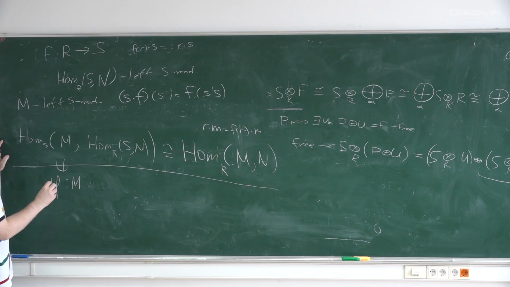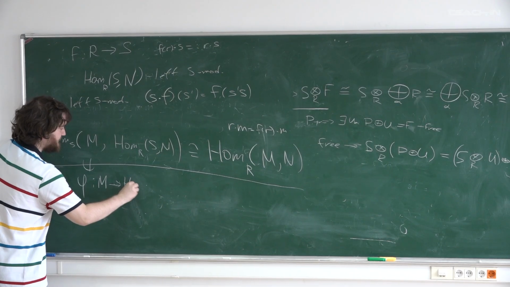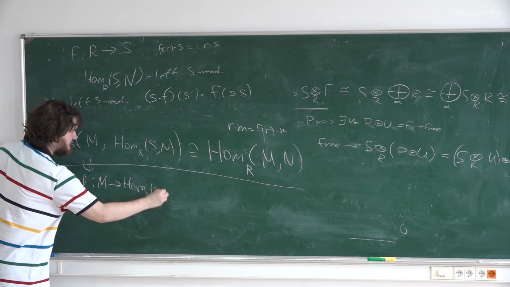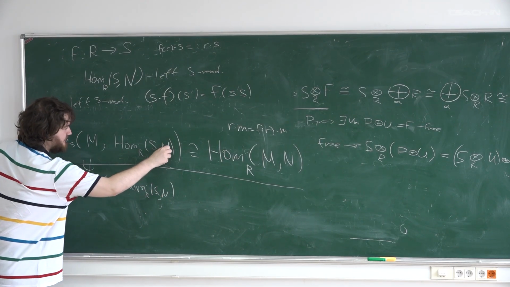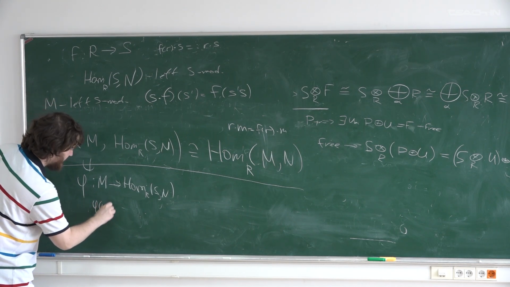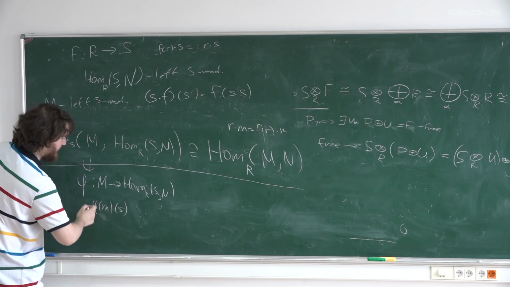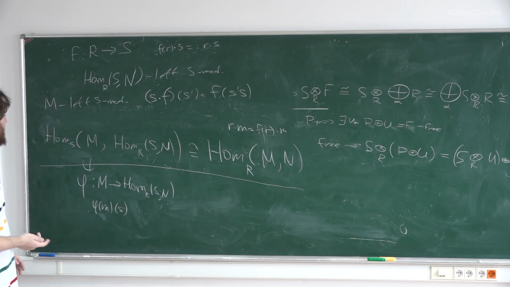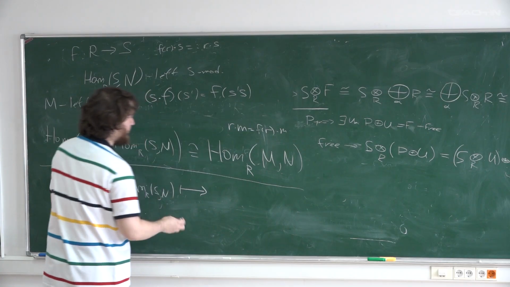So phi of m is some element of Hom from S to N, and I need to obtain some Hom from M to N.